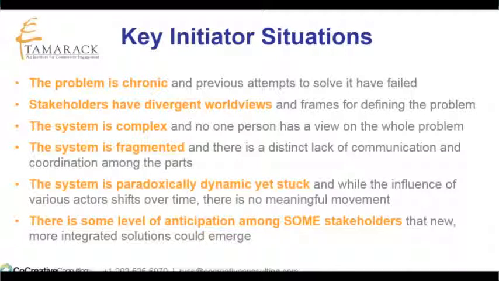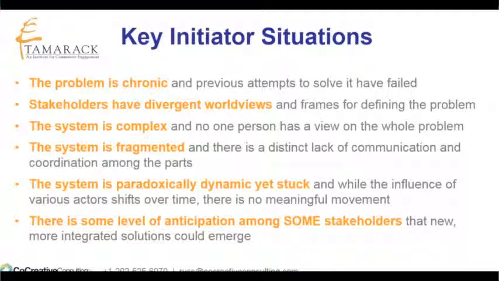Next, this works really well where the system is complex, and no one person has a view of the whole problem. And in fact, we select for people who don't believe that they have a view of the whole problem, that they know that they need others to get the full perspective on the situation.